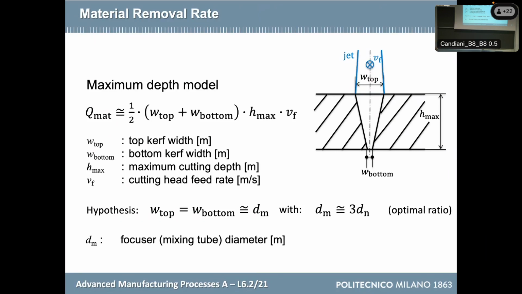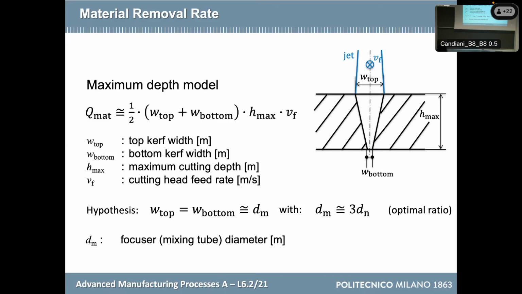Then it diverges a little bit, but we know that the standoff distance, so the distance between the tip of the focuser and the material, is so short that this divergence is not so much. So this last assumption is not absolutely hard.